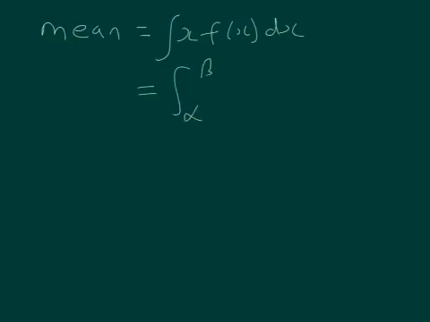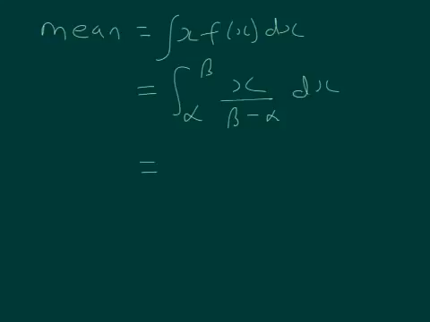Now you could get asked to prove that the mean is a half beta plus alpha. So this is the proof, and you need to know this. Obviously the mean for any probability density function is the integral of x f of x, between the two limits of alpha and beta. So we get x over beta minus alpha, because f of x is 1 over beta minus alpha.